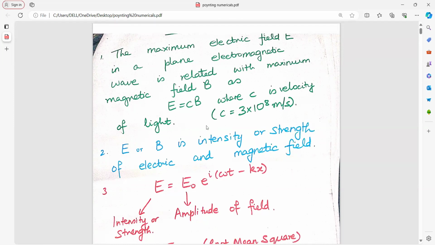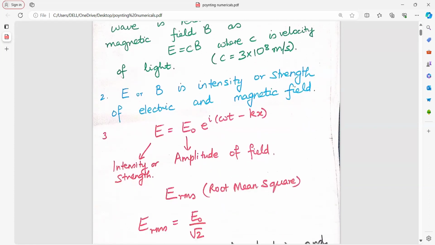Its value is 3 into 10 to the power of 8 meter per second. Remember, E is the intensity or strength of the electric field and B is the intensity or strength of the magnetic field.